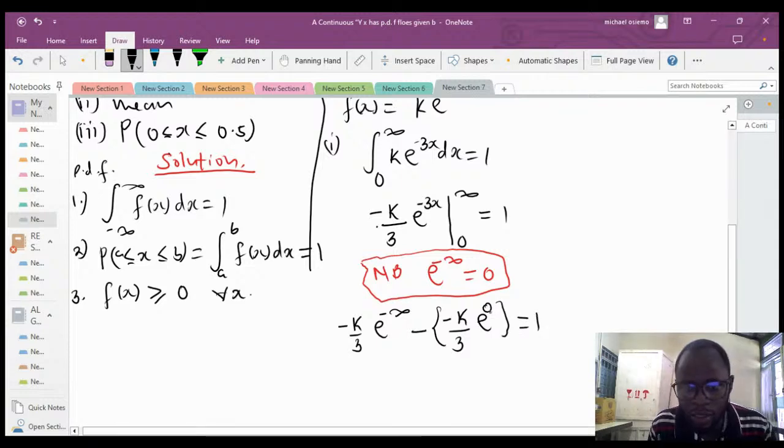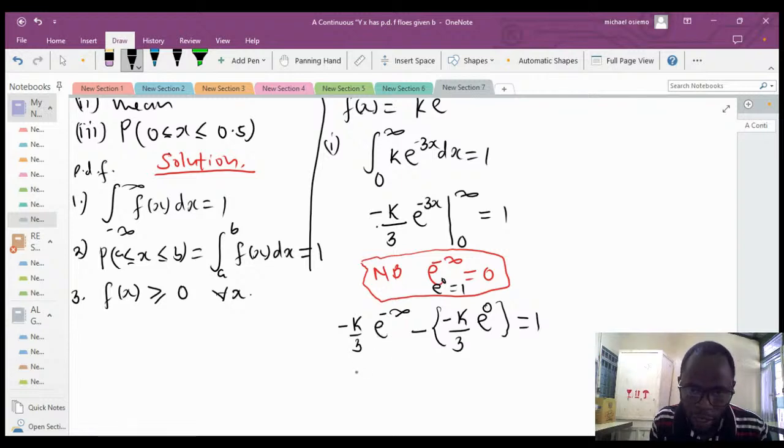The reason is that when I substitute 0 for x, I have negative 3 times 0, which gives 0 in the power of the exponential. We have already said that exponential raised to negative infinity is 0, and exponential raised to 0 is equal to 1.